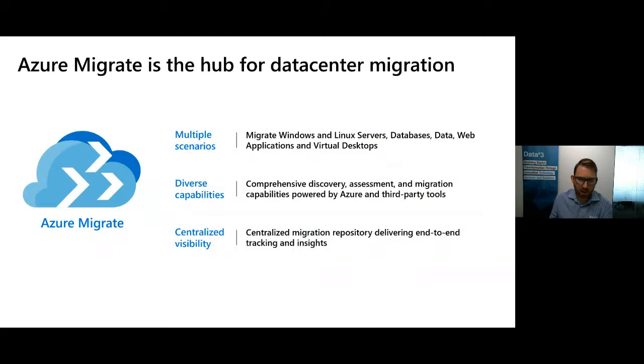Now, Azure Migrate is the hub for data center migration. It brings together all the assessment information, and we use it for doing the discovery, assessment, and then migrations of on-premises applications across as well.